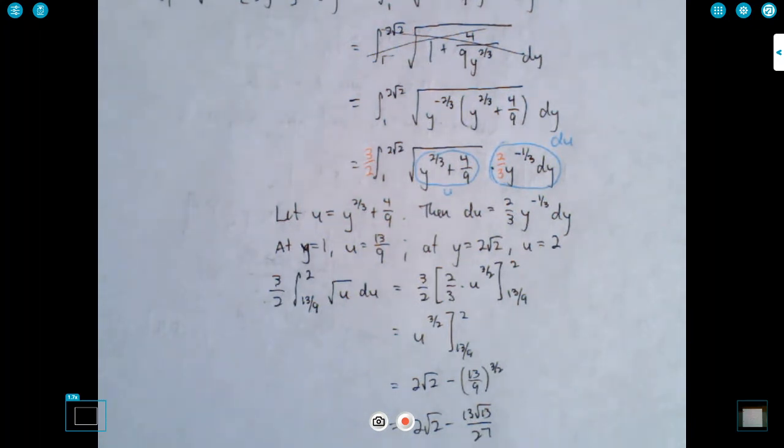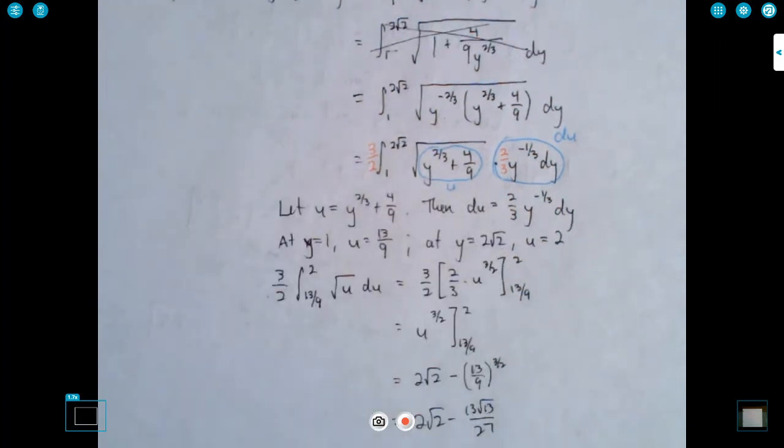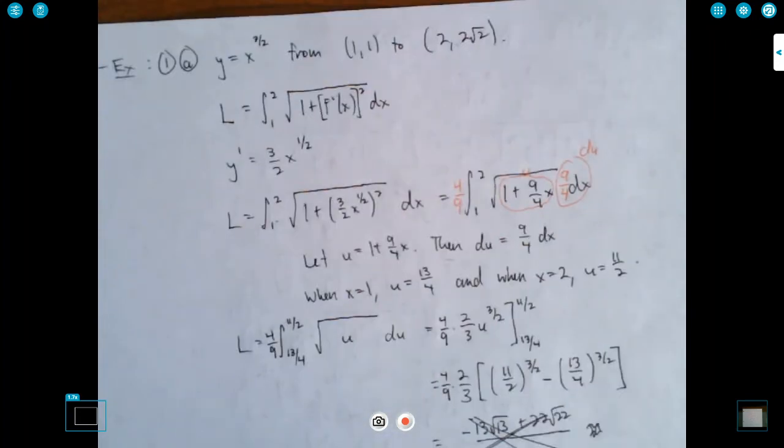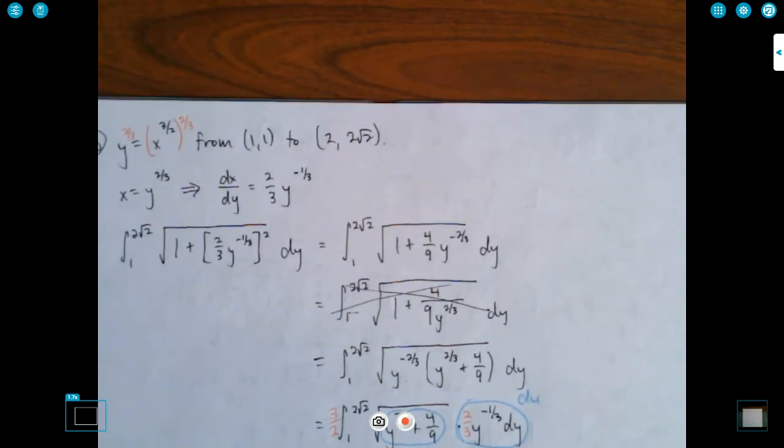Shoot. Somehow I'm getting the wrong answer. I'm getting 1.09. Where did I go wrong? Because we should be getting approximately 2.09, right? What did I do this time? I needed for there to be a 2/3.